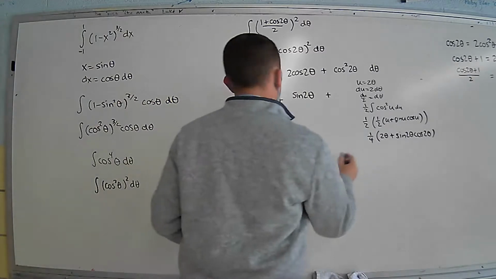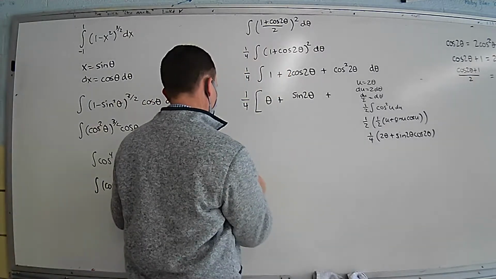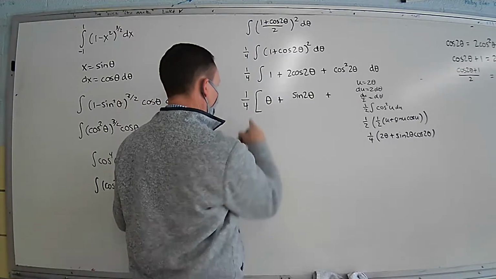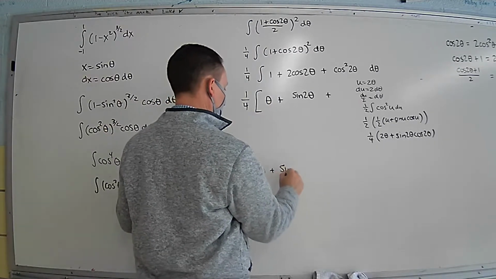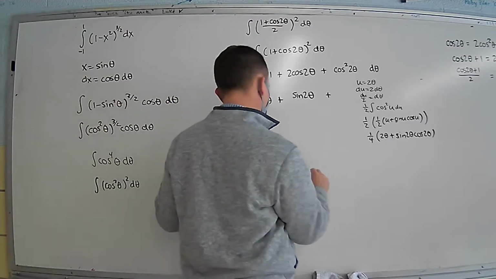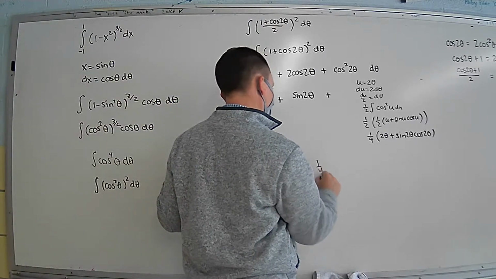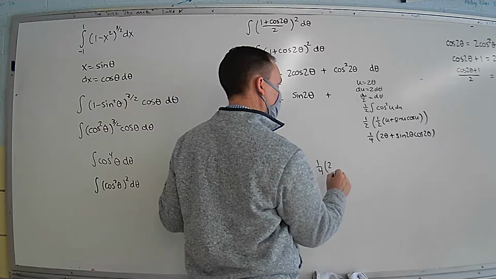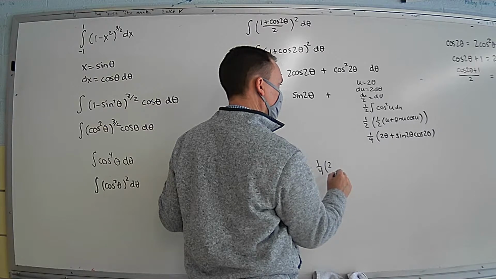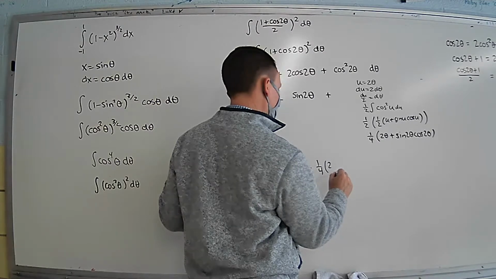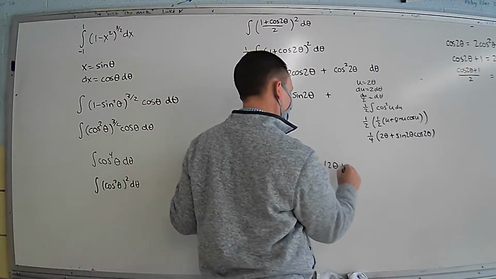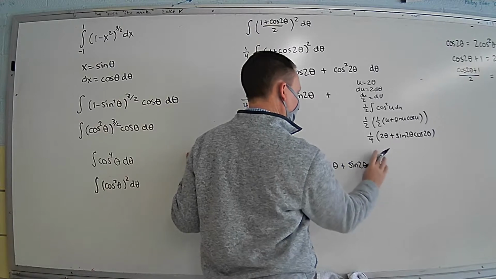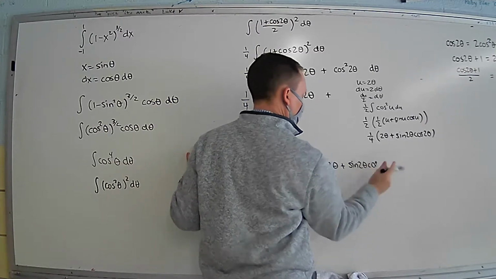So final answer here is this. Well, not final answer, but almost semi-final answer. 1/4 theta plus sine of 2 theta, plus 1/4 times (2 theta plus sine 2 theta cosine of 2 theta).